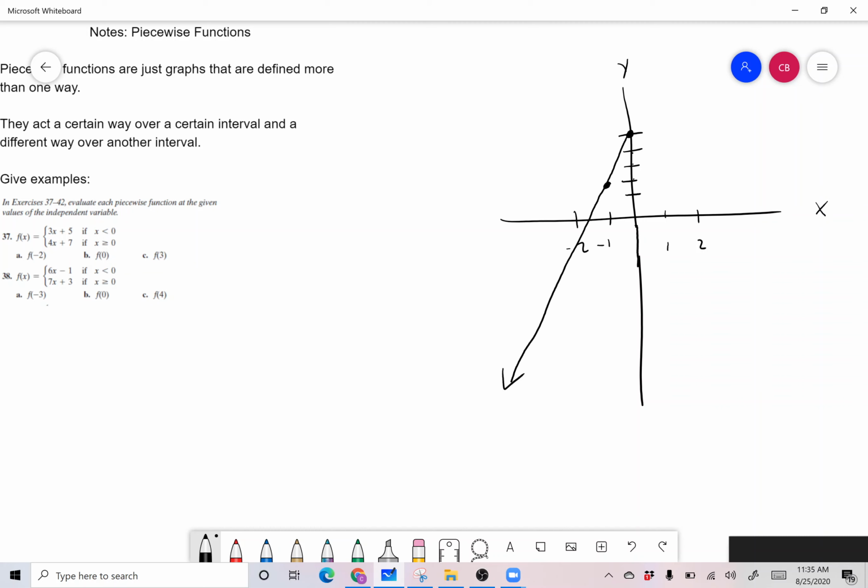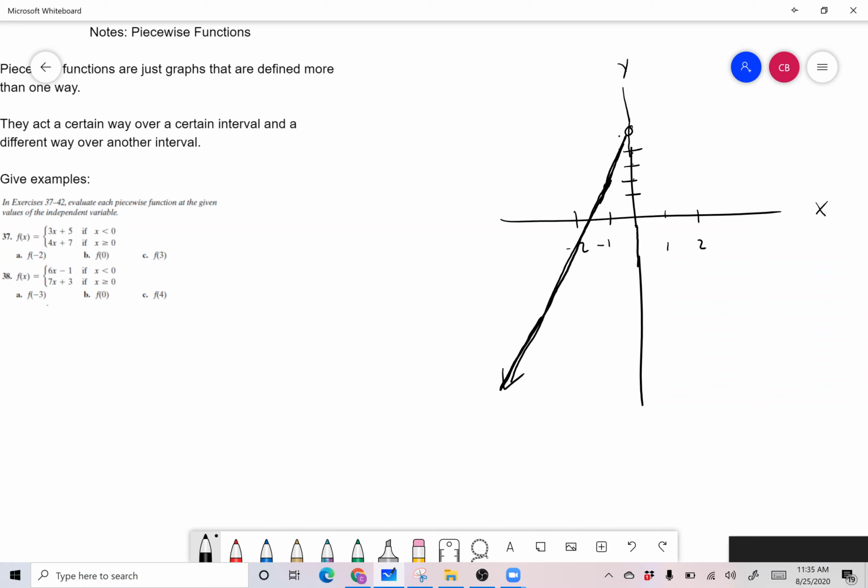Now, one thing to note, it says it's less than 0, so it can't actually have a point at 0. So it is open up here. Anything on this black line is a point on that part of the graph.